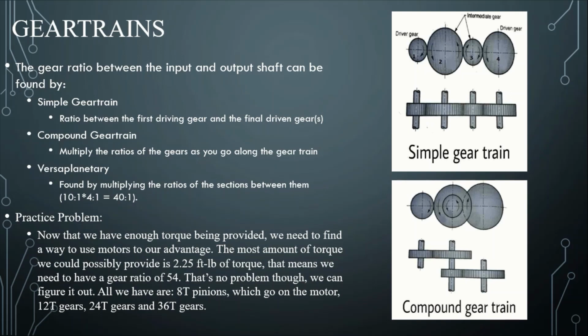That means that we need a gear ratio of 54 in order to match what we need to put in. So we'll use a series of gears, and the gears that we have is an 8-tooth pinion, which will be the first gear that you put in because that is connected directly to the motor.